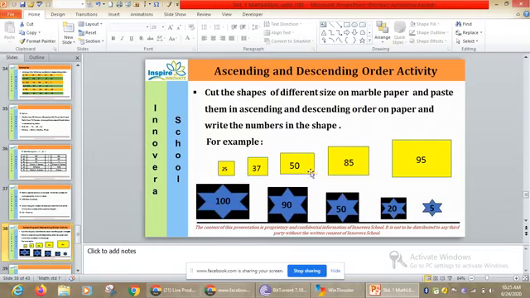You can write the numbers which you like, but it should be in ascending or descending order. So this is the activity which everyone is going to do on paper. Cut shapes of different sizes on marble paper and paste them in ascending and descending order on paper and write the numbers in the sheet.